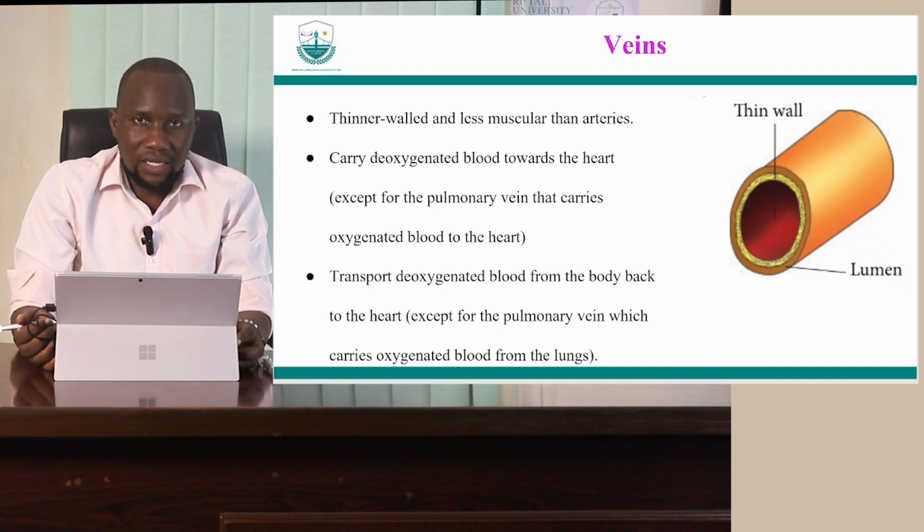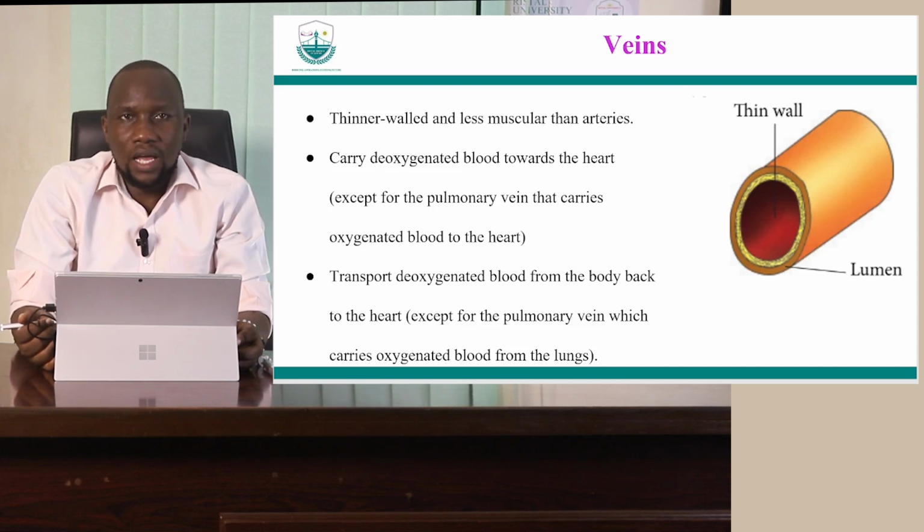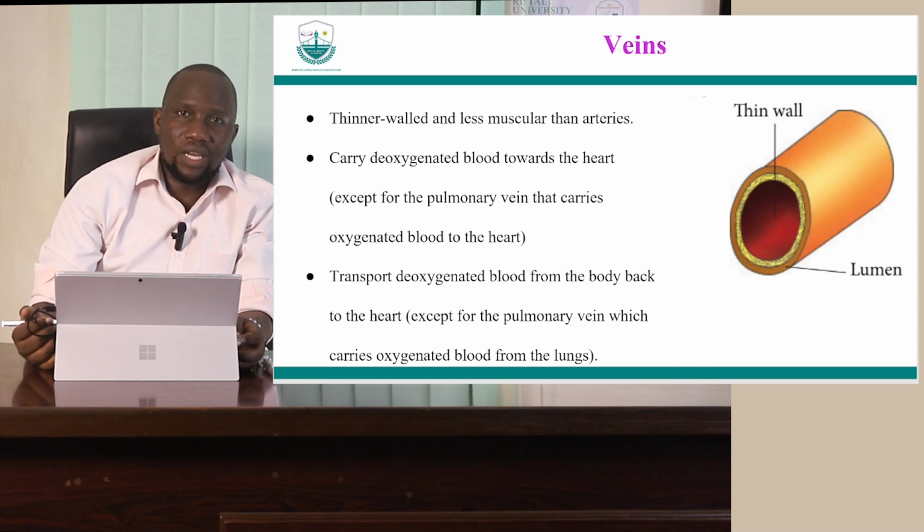The veins carry blood from the different organs of the body to the heart. The only exception is the pulmonary veins, which are four in number.